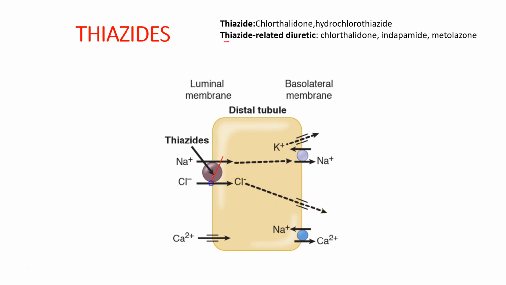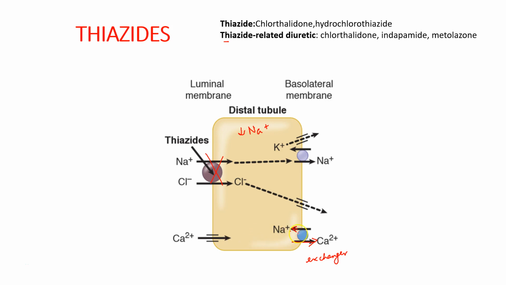But if this co-transporter is blocked, there is decreased Na plus entering the cell, and so the Na plus Ca2 plus or sodium calcium exchanger helps in Na plus entry into the cell associated with calcium reabsorption.